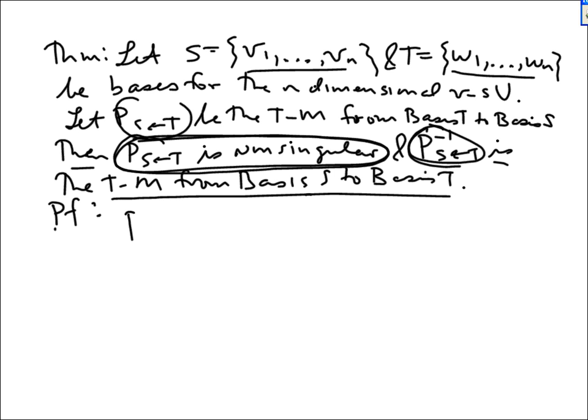So we know that if we take P from T to S, so we're taking something from T. That's how I never forget to write sub T and not sub S. And I get something here. This we know.